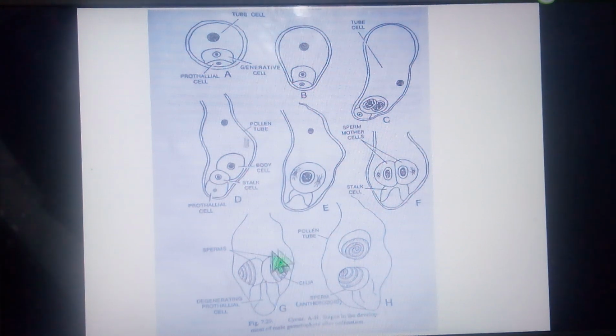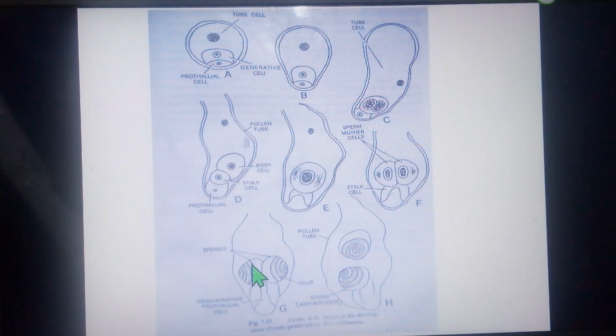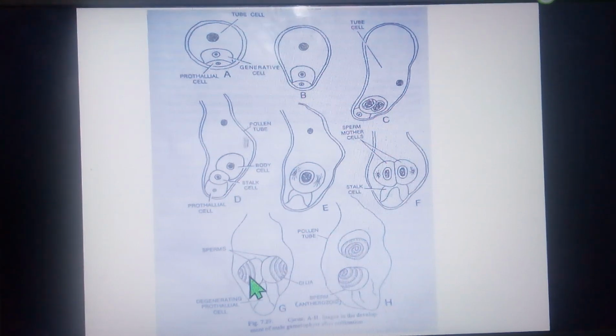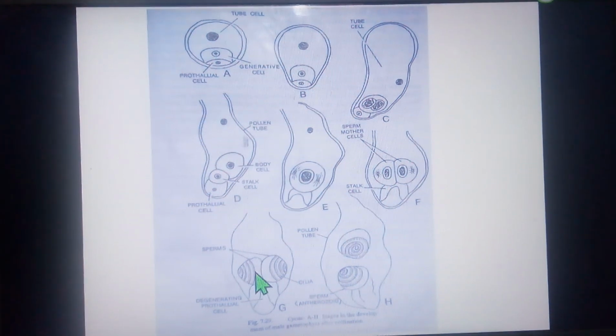Now the blepharoplast, in the next step, will elongate to form a spirally coiled structure from which arise thousands of cilia, which will help the sperm to swim inside the pollen chamber.